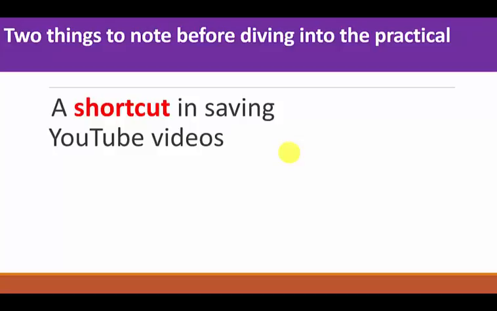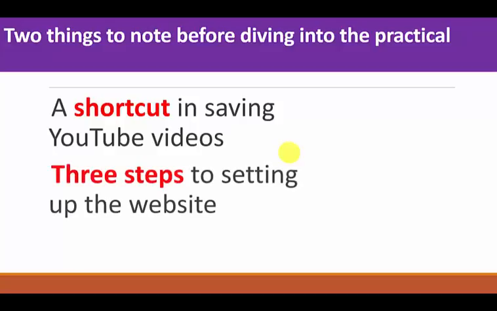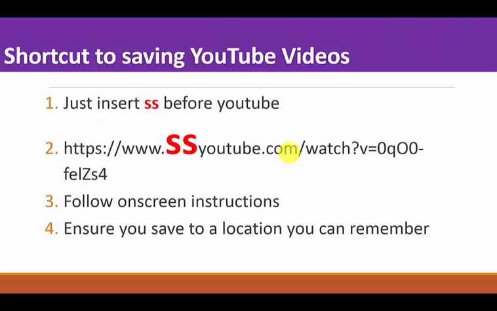There is no point, when you have limited internet access, to be watching the video, going back and forth on it. You can actually save the video on your hard drive and then watch it over and over again offline. So we're going to learn about that shortcut, and then we'll look at the three steps that can take you to developing the website.